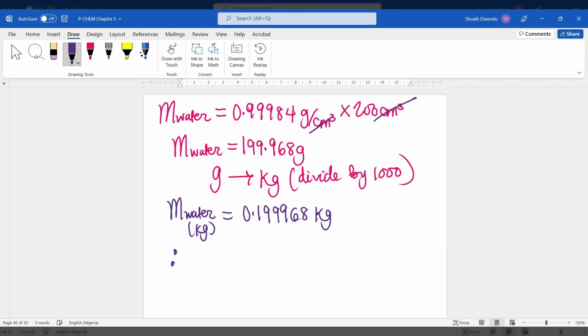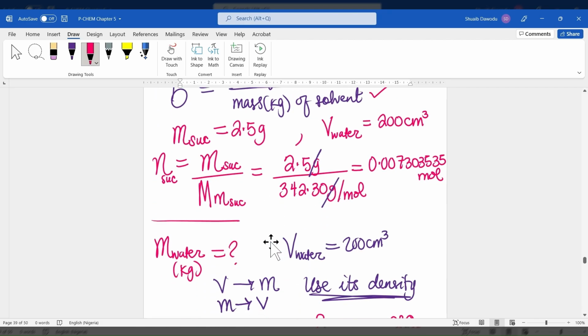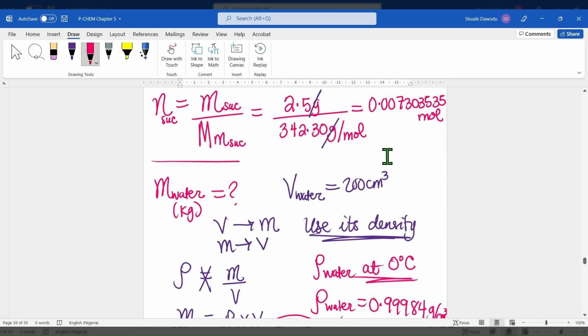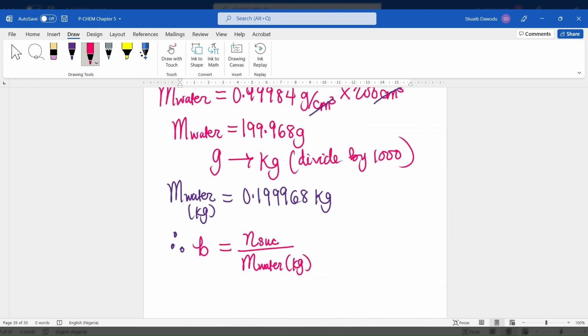So therefore, B, remember what B is: number of moles of solute, so number of moles of sucrose divided by the mass of water in kilograms. So going up here, that is just what I'm doing. See, number of moles of solute and then mass of solvent in kilograms. So we have determined the number of moles of sucrose to be 0.00730355 mole. So I'm going to write them down here.